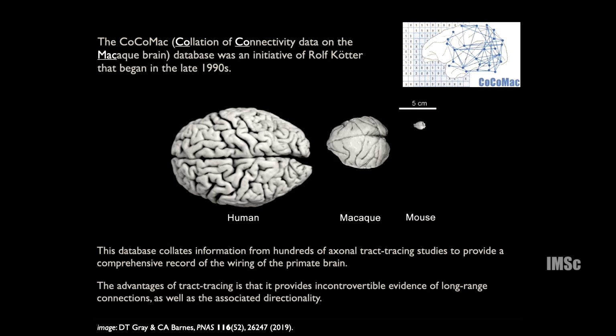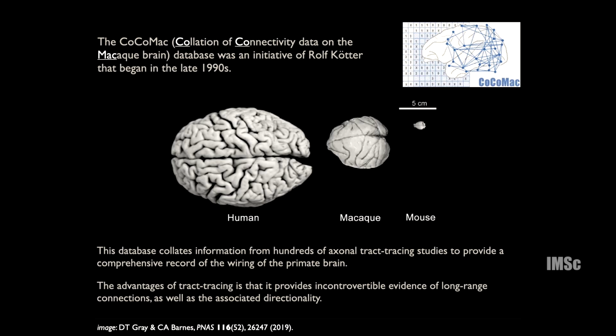This was essentially taken from tract tracing studies. The way the experiments are done is they put some sort of tracer in a certain location, and then it goes along the axonal tracts, and you can see what are the regions that connect to which other regions.